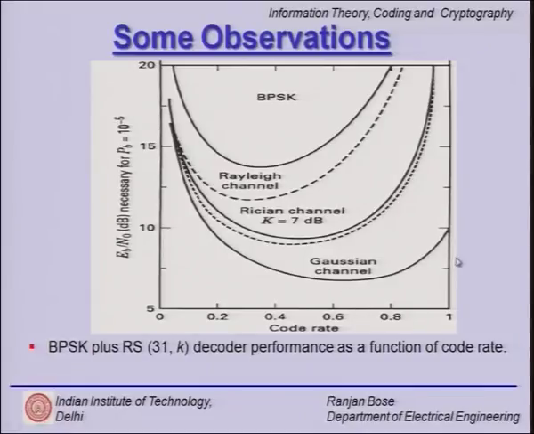If you go beyond that, again you have to pump in more energy per symbol. So, all of them go through a minimum. This is an important observation from a real world channel. Earlier we would have believed that as the code rate goes down, your performance would necessarily increase with the Eb over N naught.